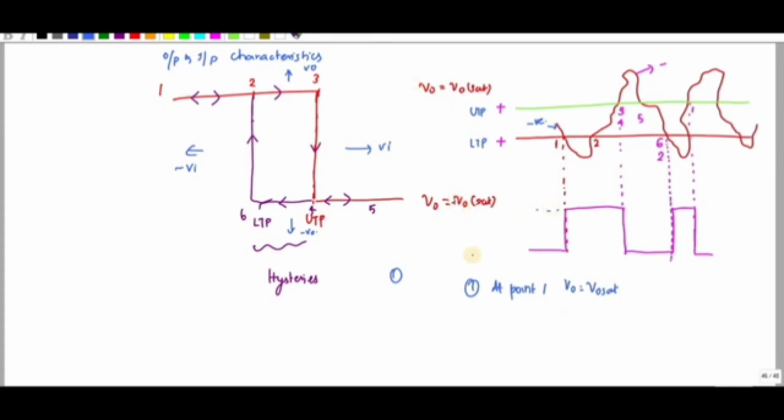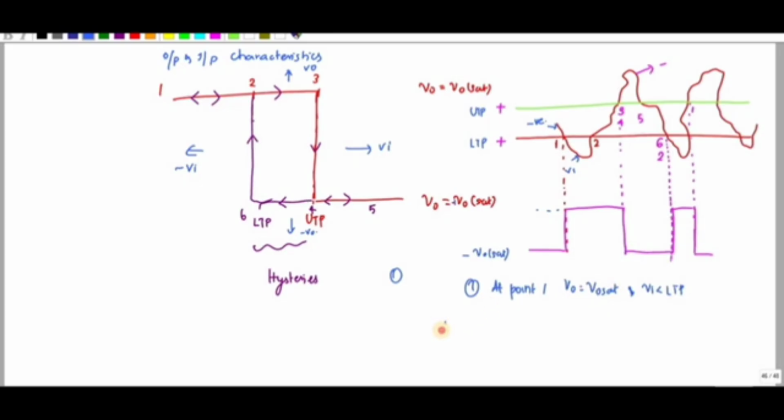This is nothing but plus V0 saturation, because the positive value is greater than the negative value, so it goes to plus V0 saturation. And the VA value is less than this LTP value. So this is the first point.